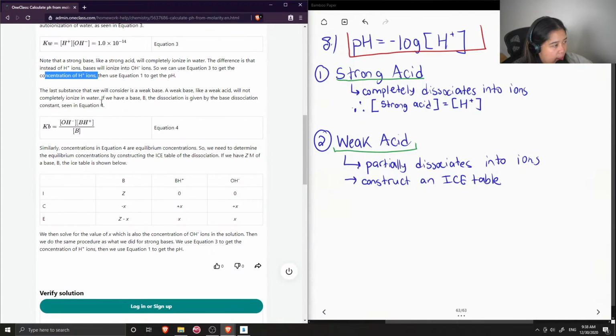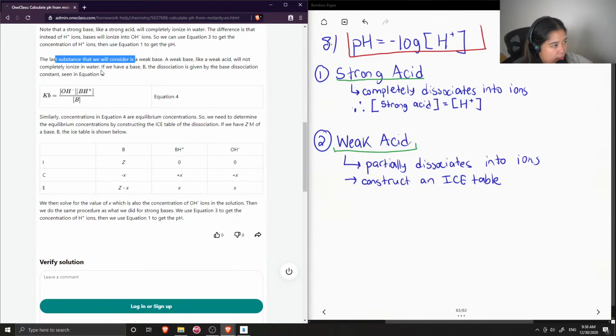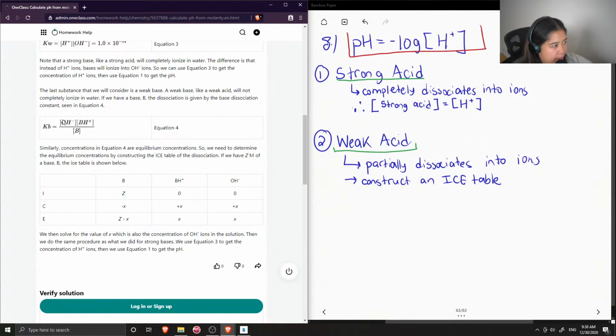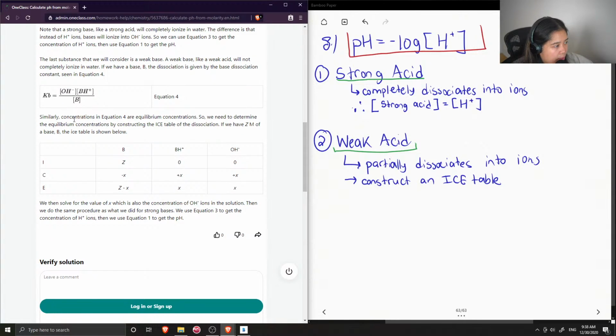And you can also have an instance where we have a weak base, so it doesn't completely ionize. And they show the relationship with Kb. So similarly, the concentrations in equation 4 are equilibrium concentrations, so we need to construct another ice table and then solve for the value of X, which gives the concentration of OH- ions in solution.